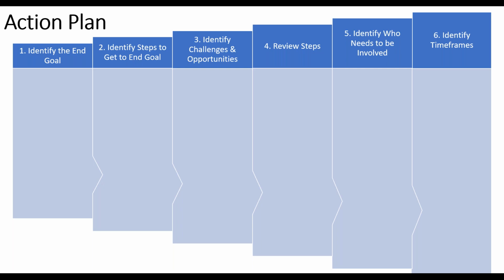Double check, go back. Did I forget something in terms of steps? You know your organization too. One of the steps I put in here in terms of the end goal, and I talked about this in my bigger presentation: who are the influencers? Who are the decision makers? Is there one level of decision making? Are there multiple levels? Are you part of the system?